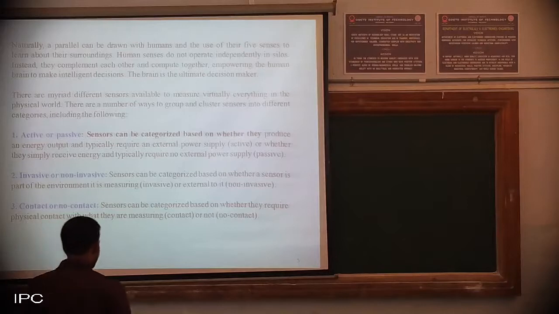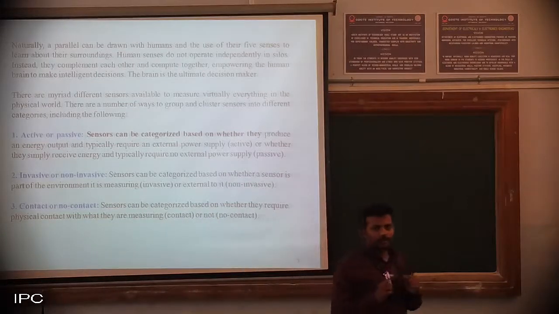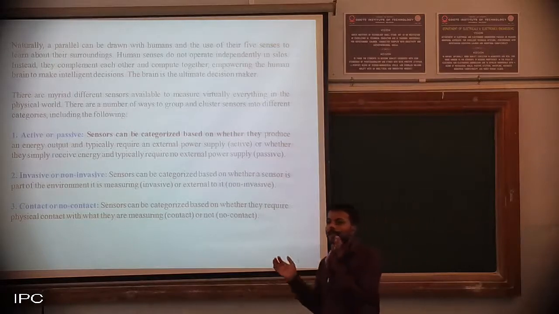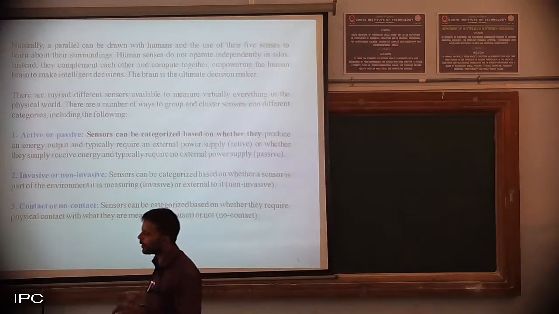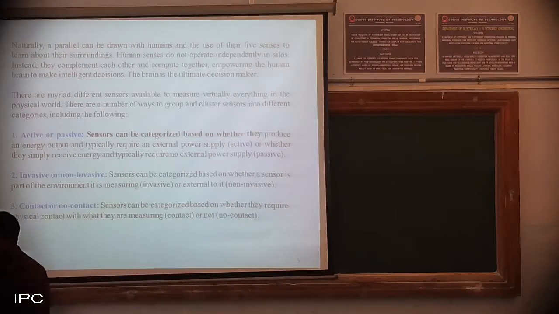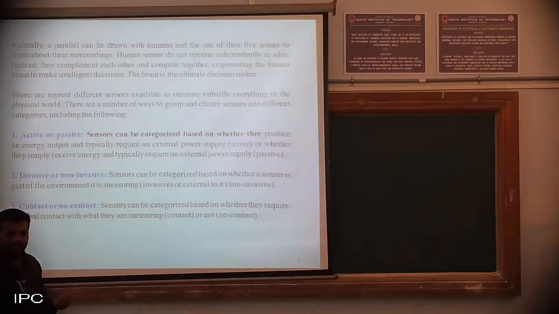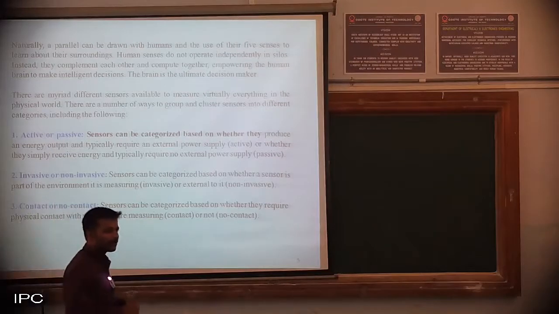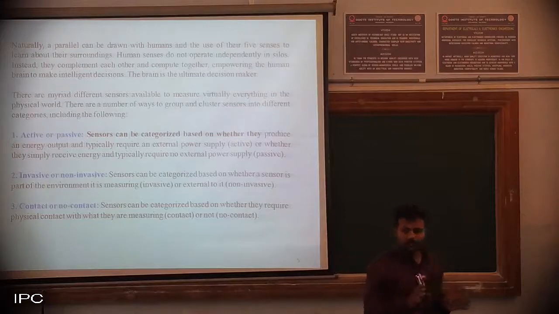If there is no pollution, then those plants will be growing. That is a part of the environment, and it is a sensor indicating whether the environment is polluted or not polluted. That we can call invasive. Non-invasive means all the digital sensors, whatever we are going to use; those are not part of the environment. That is the meaning of invasive and non-invasive.